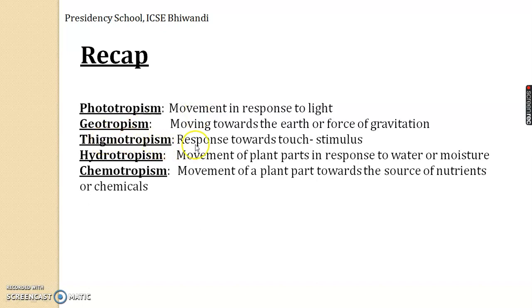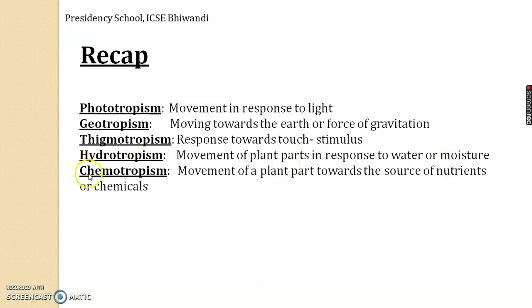Thigmotropism is in response to the touch stimulus. Hydrotropism is the movement of plants in response to water or moisture. Again in this we have to learn two: positive hydrotropism and negative hydrotropism. Positive hydrotropism is exhibited by the roots and negative hydrotropism is exhibited by shoots.